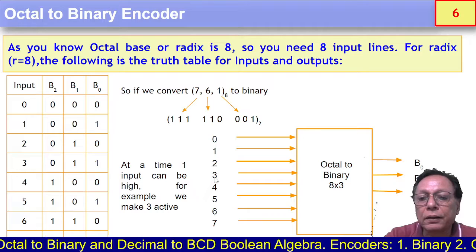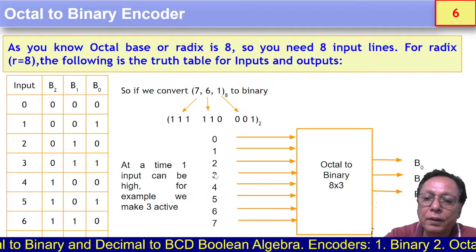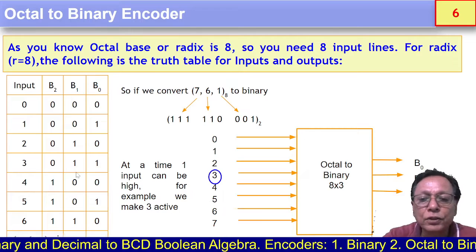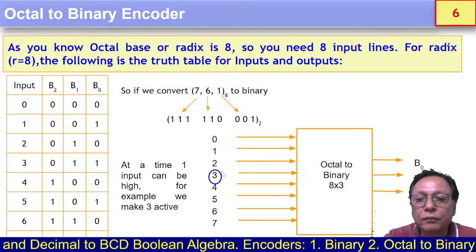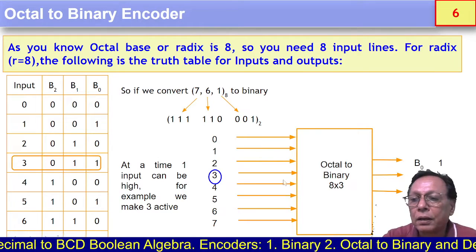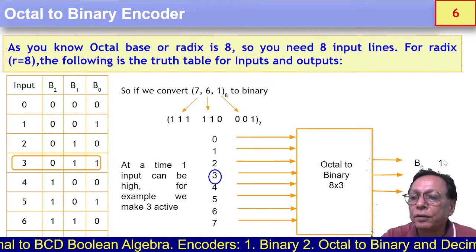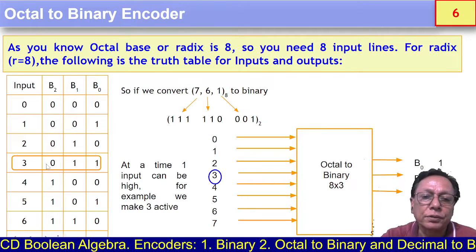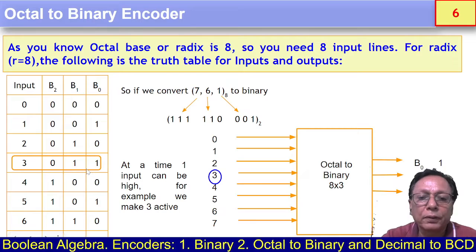If you choose 3, then the output will be this combination, 0 1 1.